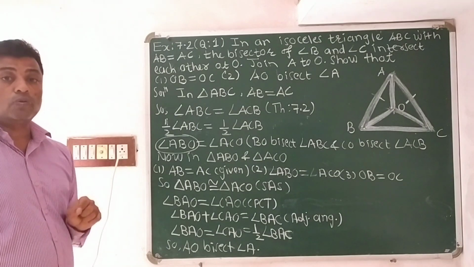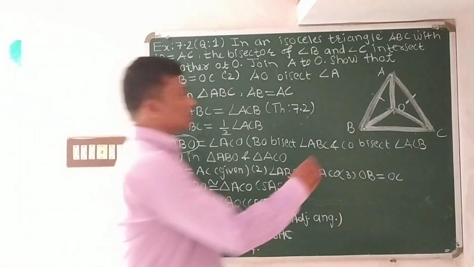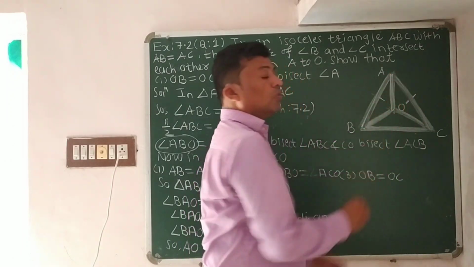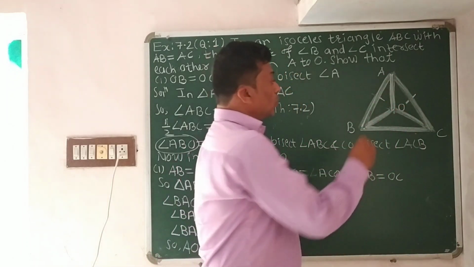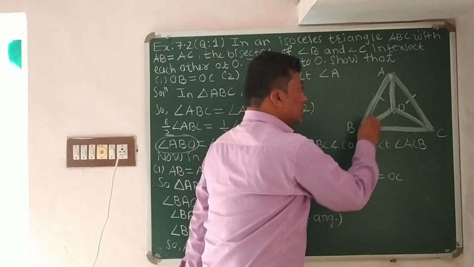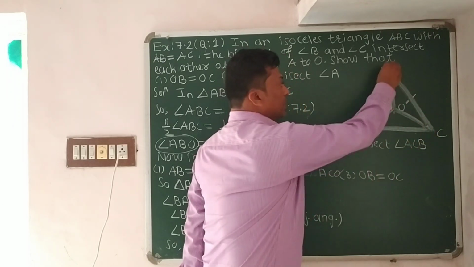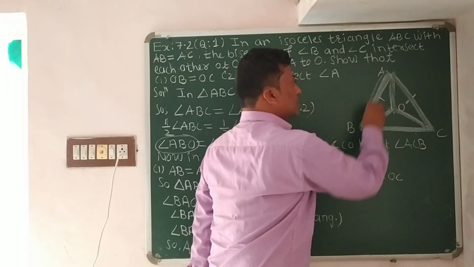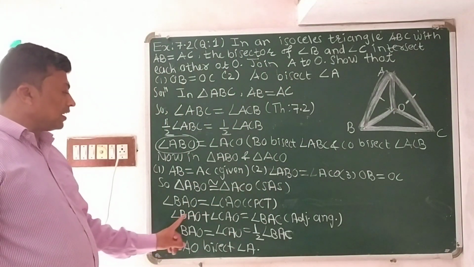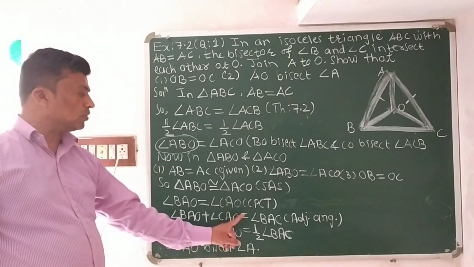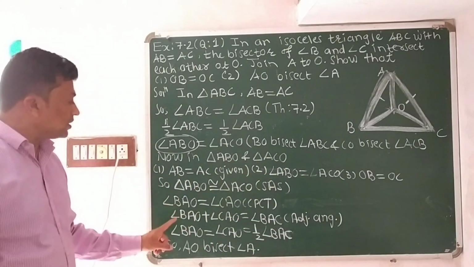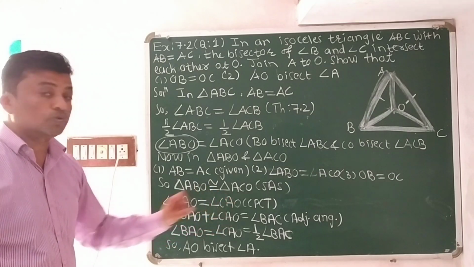Now see children, according to the adjacent angle definition, angle BAO and angle CAO both are adjacent angles. So we can write angle BAO plus angle CAO is equal to angle BAC. But see children, BAO is equal to CAO.